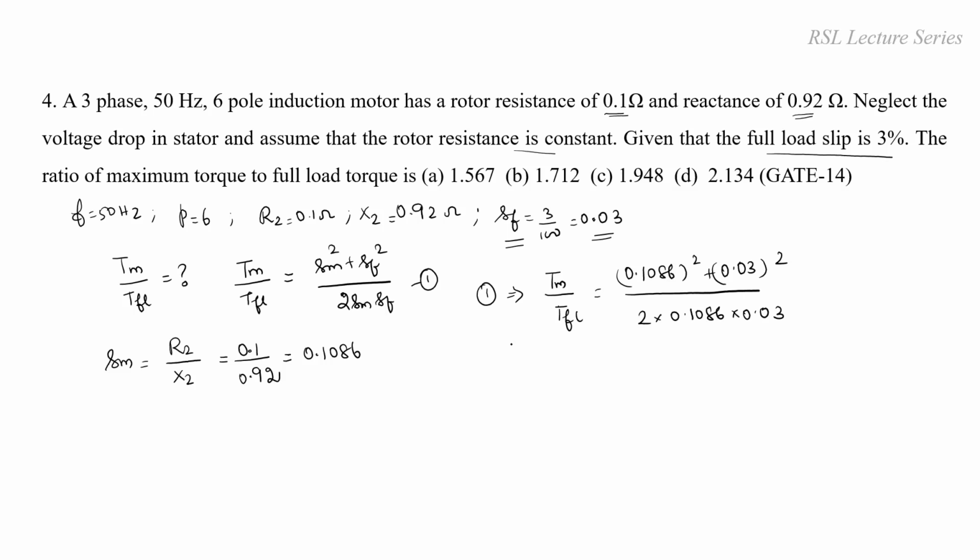On simplification, we will get 0.0127135 in the numerator divided by 0.0065214, which will be equal to 1.9495. This is the answer I am getting, so the option is C, 1.948.